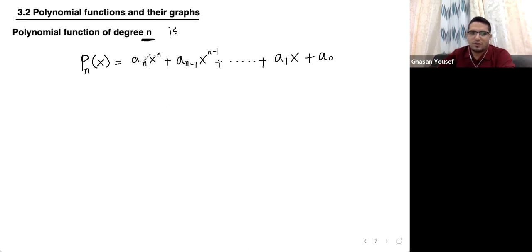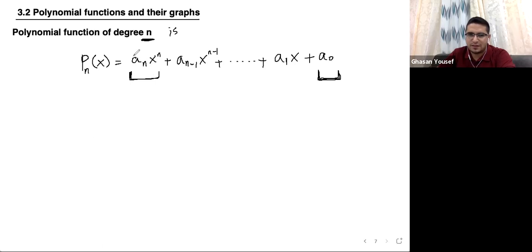This is called a polynomial. Now, because in this section I'm going to use different terms, the leading coefficient and the leading term, a lot, that's why I mentioned the definition of a polynomial.